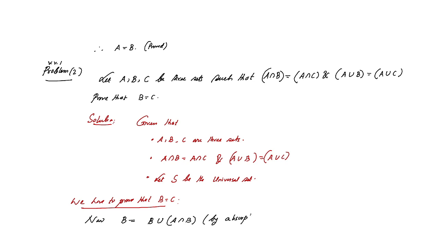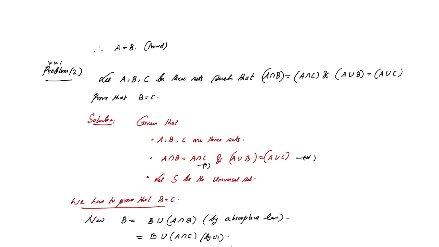You can easily visualize it with the help of a Venn diagram. And here you see A intersection B is basically A intersection C. So you can write this is B union (A intersection C). We are considering it as 1 and this as 2. So this is by 1.